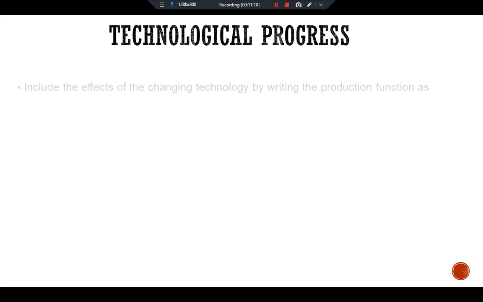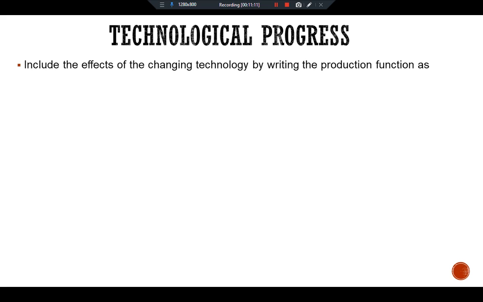Okay, include the effects of changing technology by writing the production function as Y is equal to A F of K, L. Here A is a measure of the current level of technology, called total factor productivity.